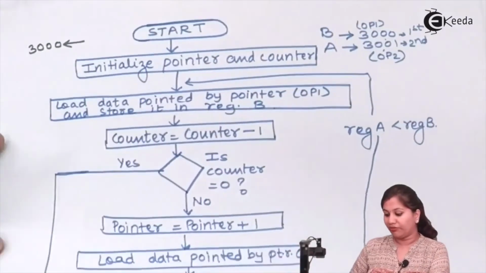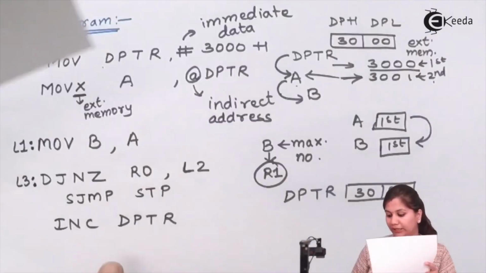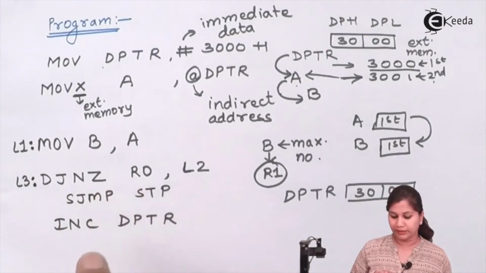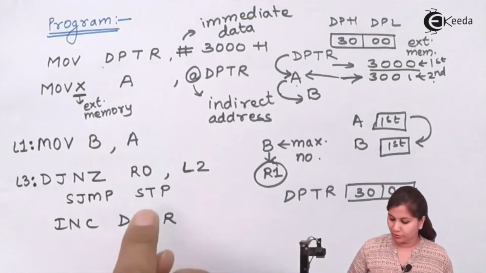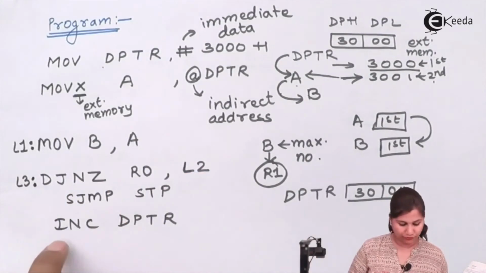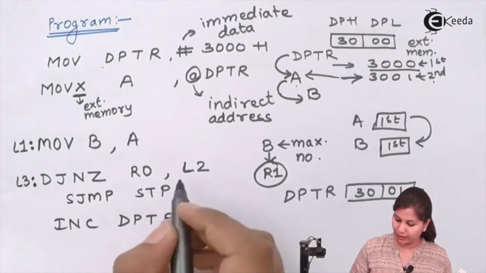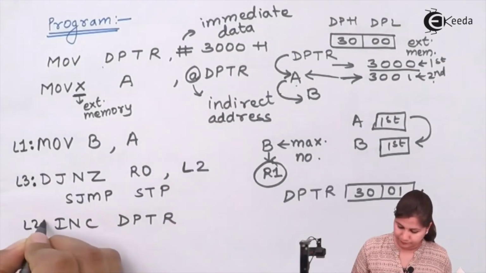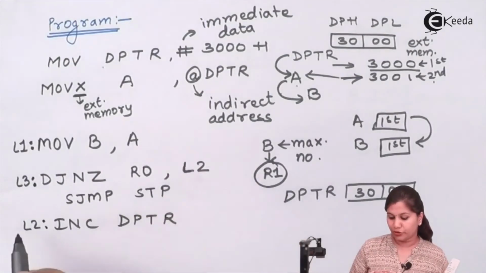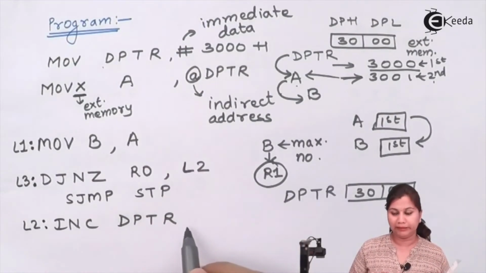Now when it is not equal to 0, then increment the pointer. Here I have written that it has to jump to the L2 position, so we will specify this L2 here. It is going to jump to this increment DPTR.